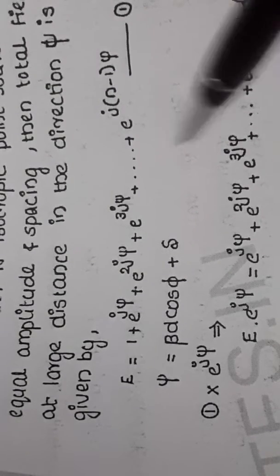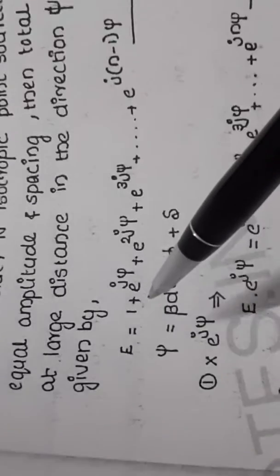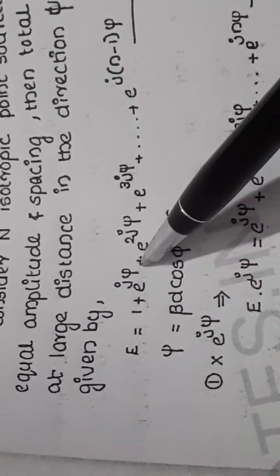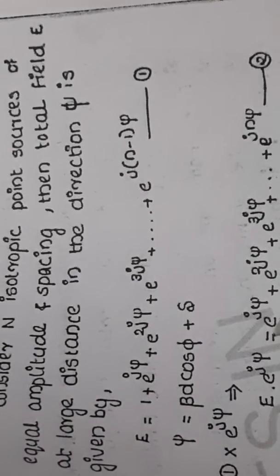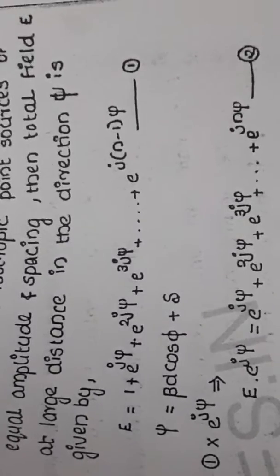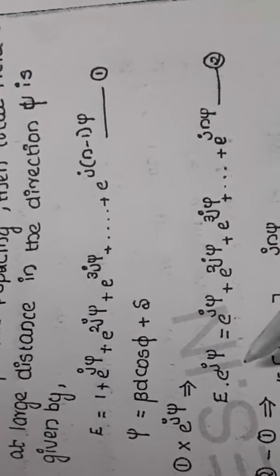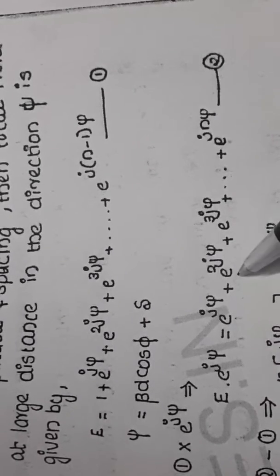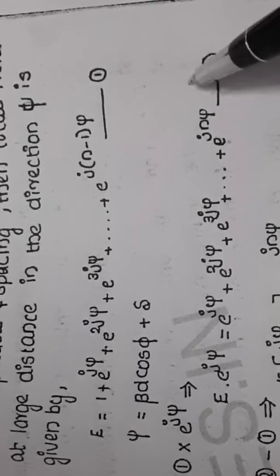Then we get e power j psi, e power 2 j psi, and so on. The same equation is replicated, but multiplied by e power j psi. So equation number 2 is: E into e power j psi equals e power j psi plus e power 2 j psi, and so on up to e power j n psi.